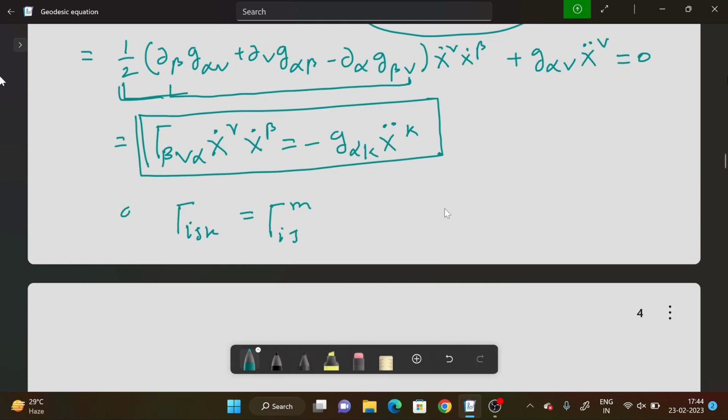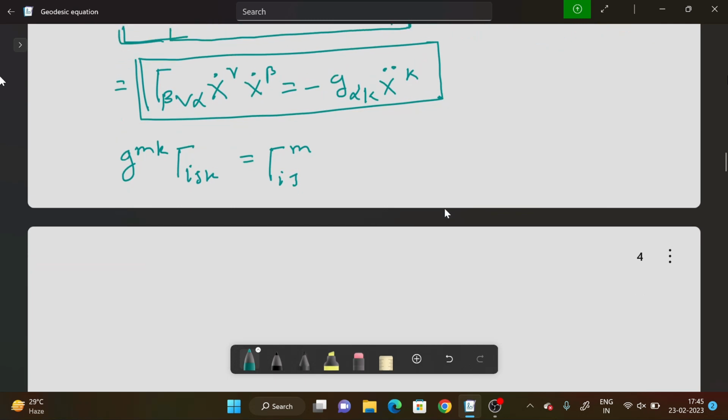So if we have some metric tensor, say g m k over here with the upper index, the k in this index is being summed over, so it's going to contract, and we will be left with just the m, right? And this would result in raising the index of the affine connection. So we can do this over here, right?